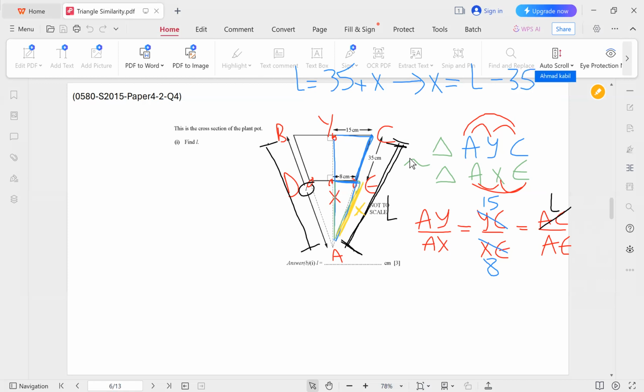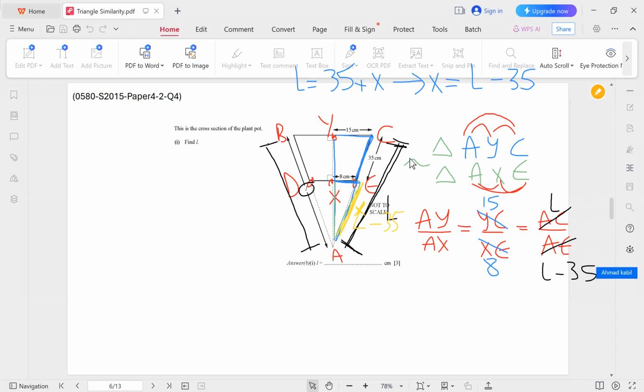So therefore, the yellow part is actually equal to L minus 35. And this yellow part is AE, which is what we have in the equation. So we can just cross out AE, and we can write L minus 35.